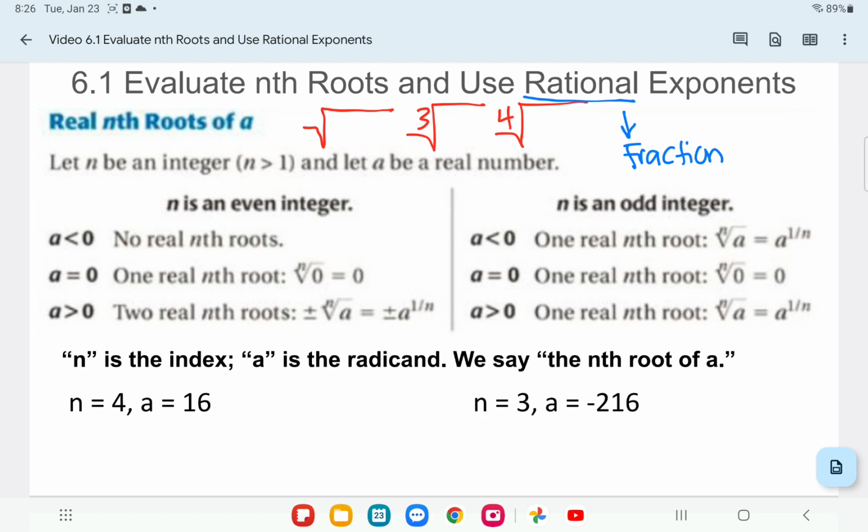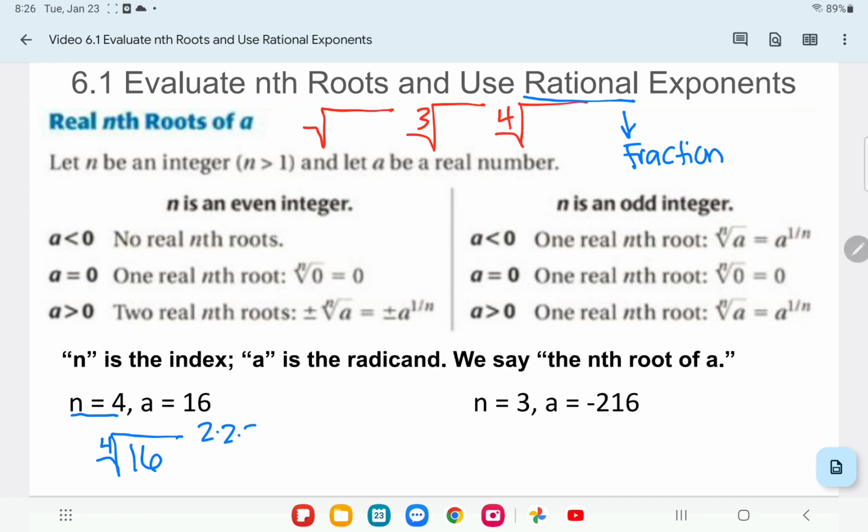Down here we have a couple more vocab words. n is the index, a is the radicand. Basically what you need to know is when you have n equals 4, that means the fourth root. Radicand is what goes underneath the radical. So the radicand is 16. So the fourth root of 16, or in other words, what number can you multiply by itself 4 times to get 16?